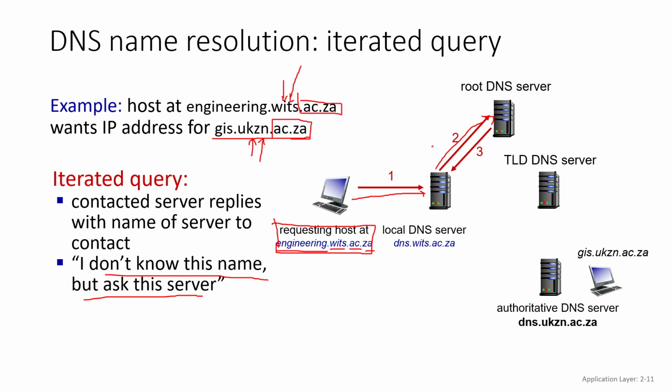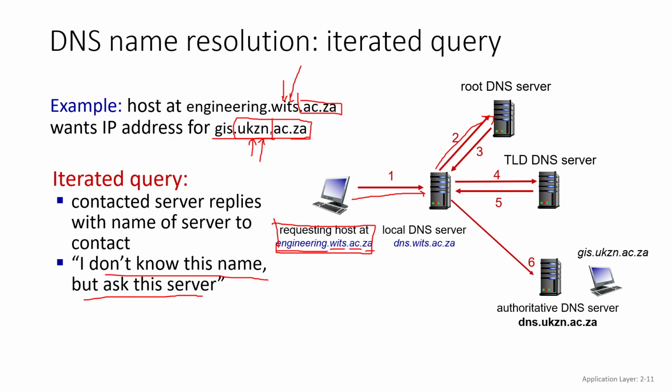The local DNS says, okay, cool. I have now ac.za, right? And then it speaks to the top level domain name system and says, okay, cool. I know where UKZN is, and I can direct you to the DNS of UKZN.